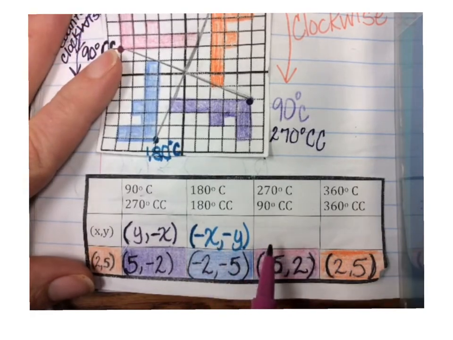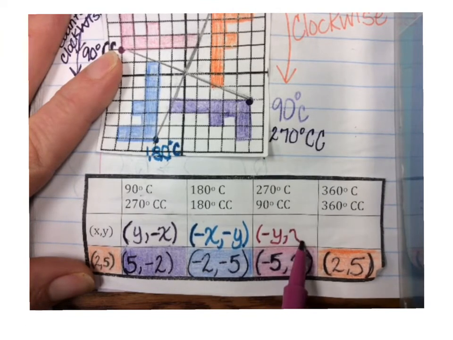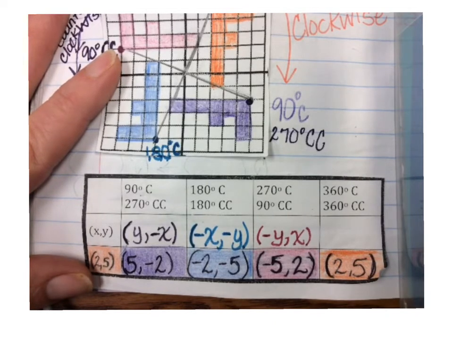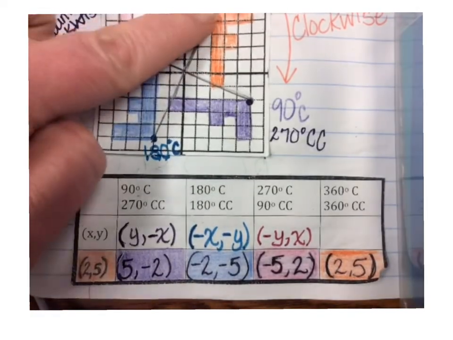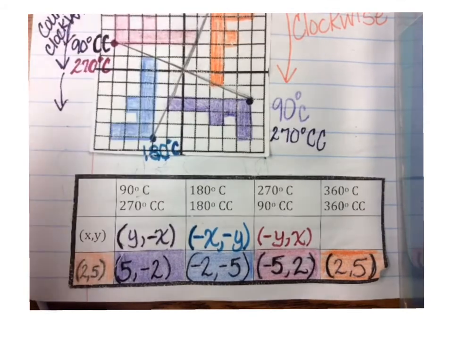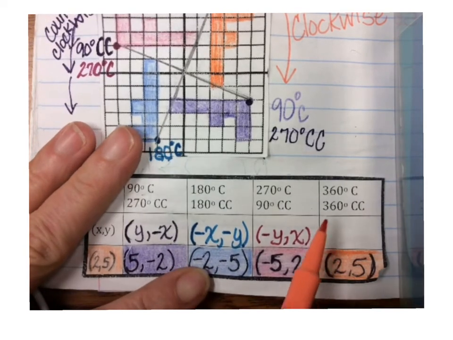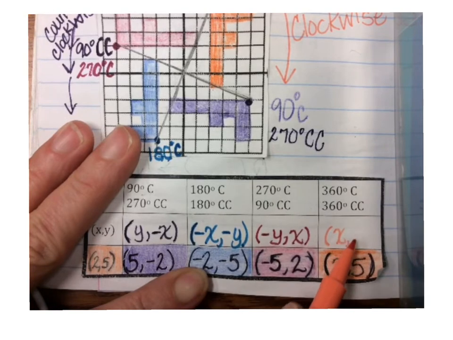So I'm going to put negative Y, and then your X stayed the same. And then on the 360 degrees, that's going all the way around. Either way, clockwise or counterclockwise, your X and your Y stay the same. Because it's like in the Olympics, they go all the way around to where they started from.